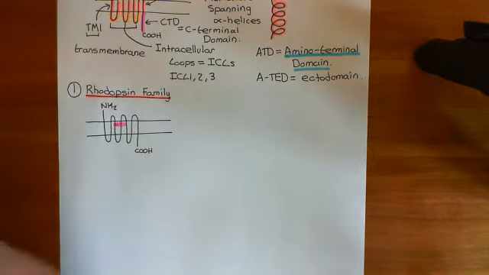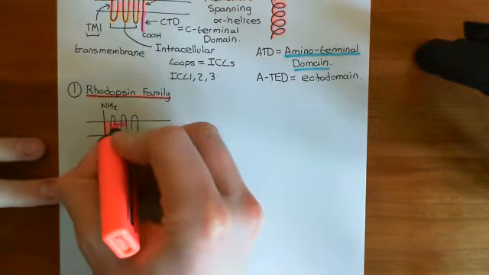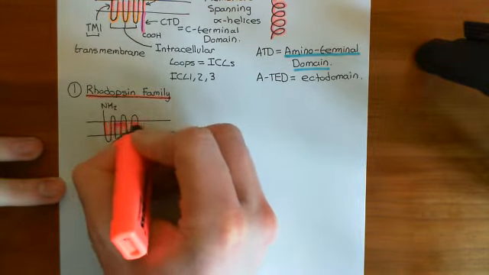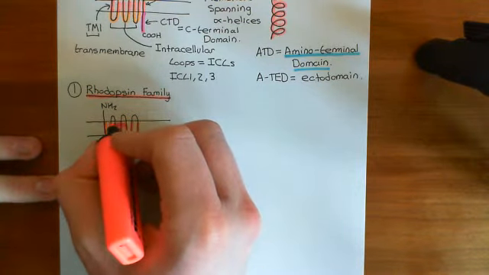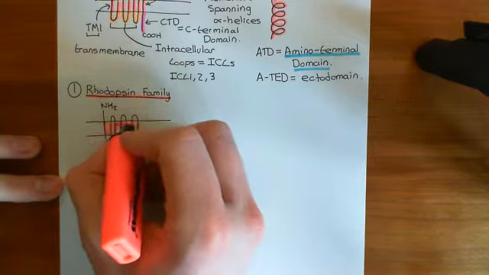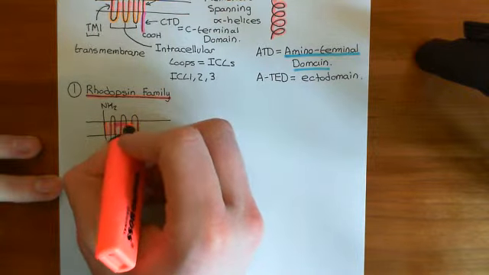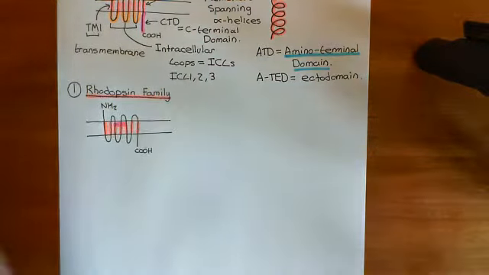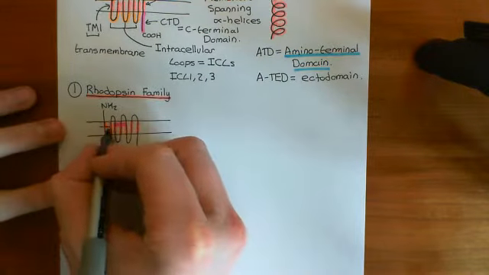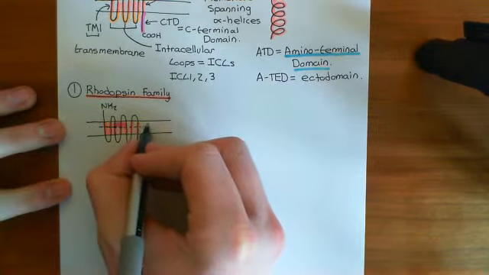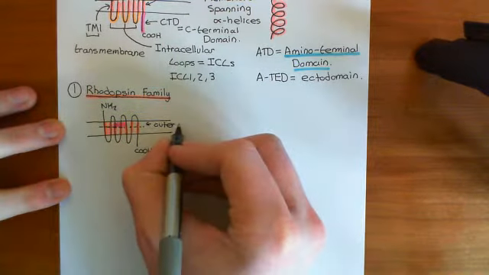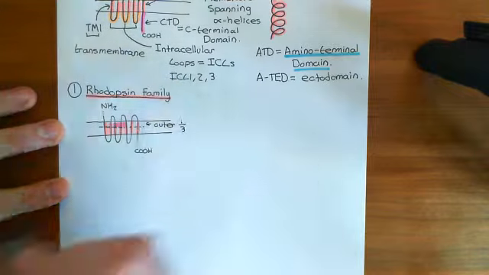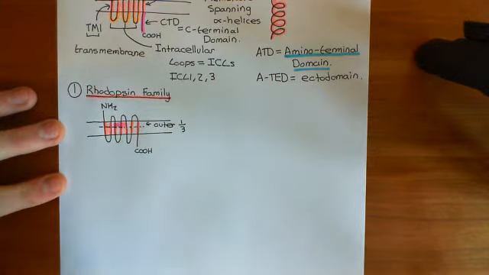Okay, so we have these 7 membrane-spanning alpha helices here in red. The ligand for a rhodopsin family G-protein coupled receptor is going to bind to residues that are in the outer 1/3 of the 7 membrane-spanning alpha helices. So here is the outer 1/3, and that purple blob there is meant to represent our ligand binding to residues within those outer thirds.